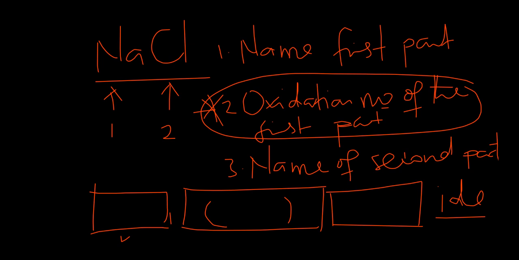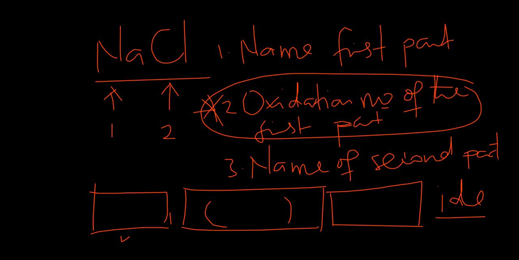So normally when you are dealing with a binary compound with the first element being an element with a variable oxidation state, you have to bring the parenthesis and write the oxidation state of that element in that parenthesis.